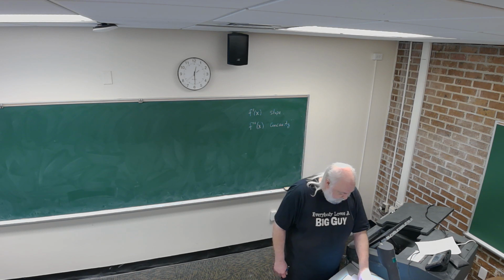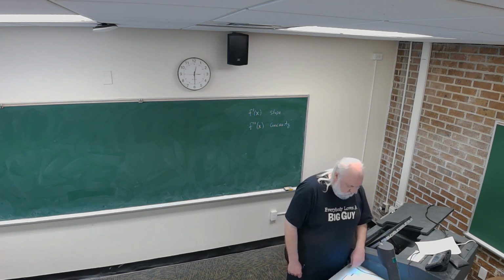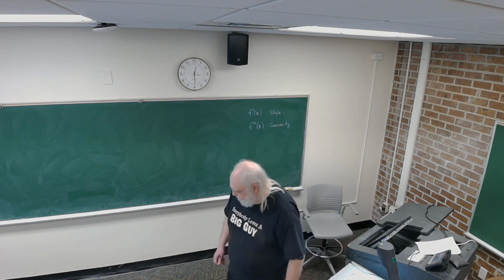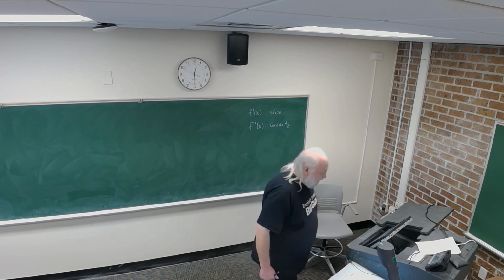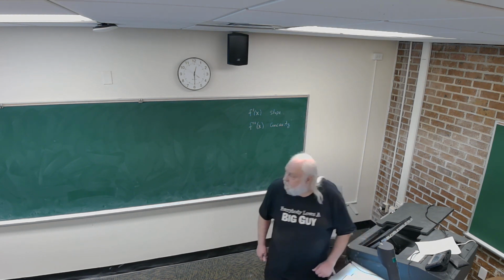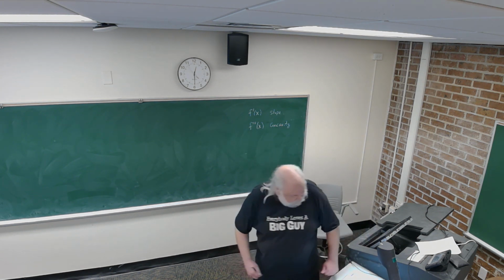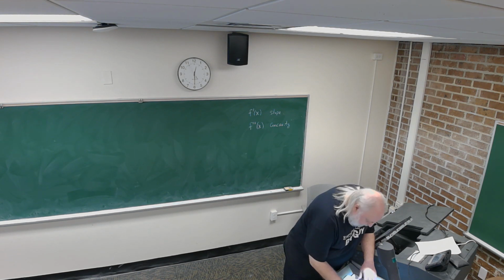If the second derivative is negative for all the values of x in an interval, then the graph of f is concave, oh, jeez, downward. I have an error. That should be concave downward.